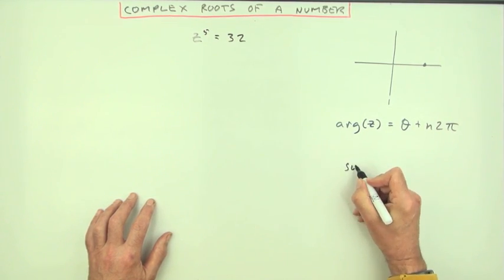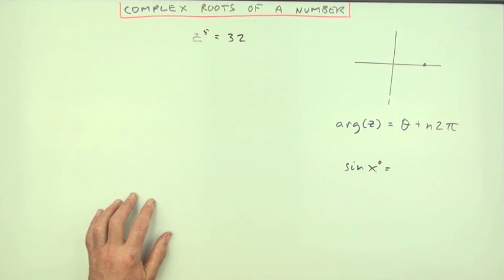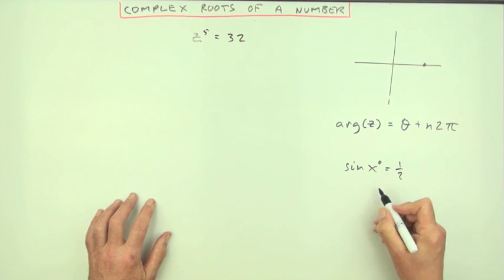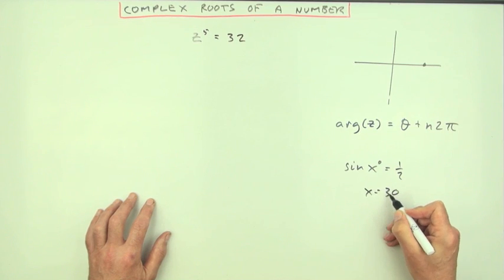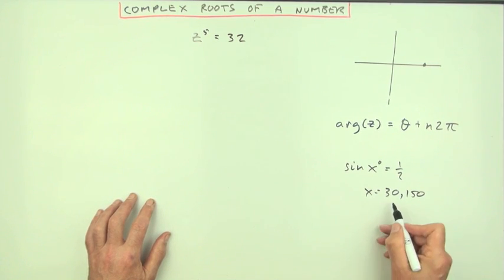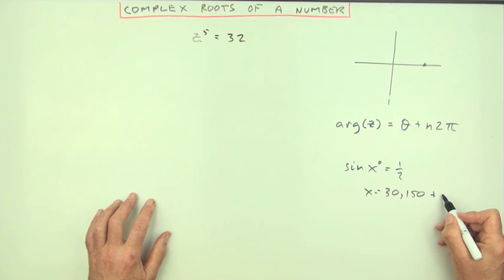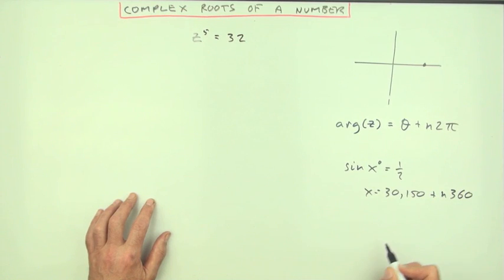But it was the same when you solved equations before. When you said, sine x equals, I'll put this in degrees, sine x equals a half, you would say, right, x is 30 or 150. But it's not just that. It's 30 and 150 for both of them, plus any number of 360 that you care, because the sine function went on and on forever.